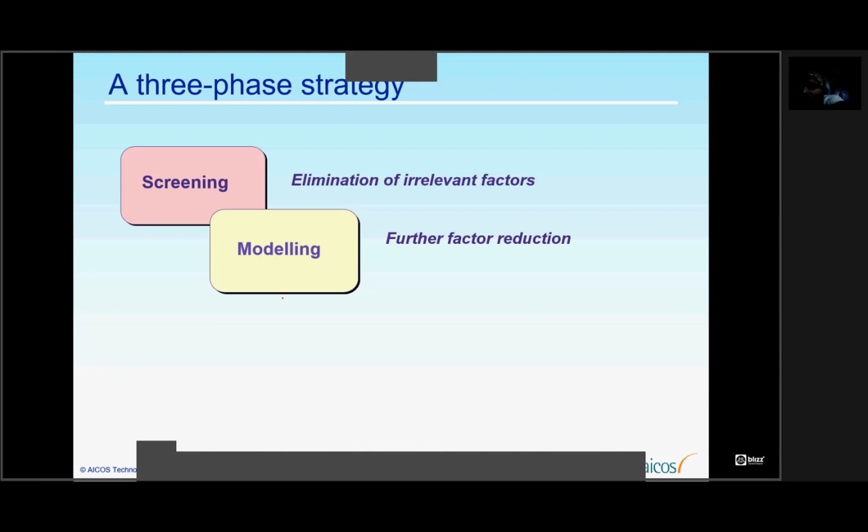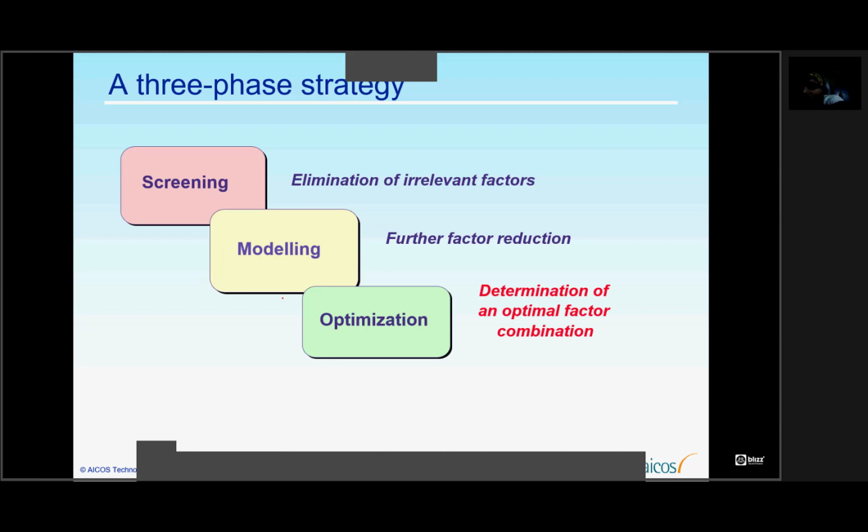So, in other words, to perform a further factor reduction. And finally, knowing that 3 parameters are essential, you will focus on these ones to do fine-tuning, and this is what we call the third phase, optimization, where you'll find an optimal combination of the values of these factors.